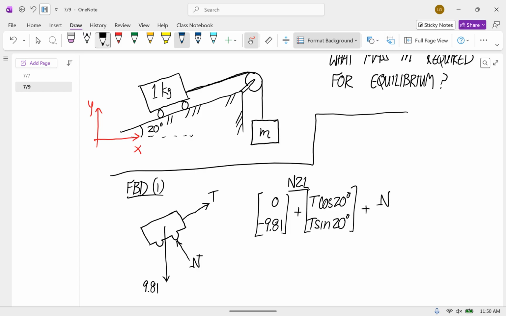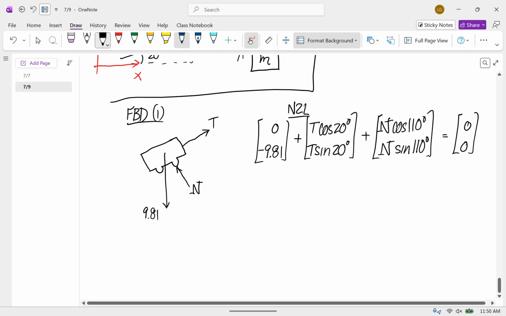So we have N times the cosine of 110, N times the sine of 110, that's equal to zeros. I can rewrite this as 0, negative 9.81.